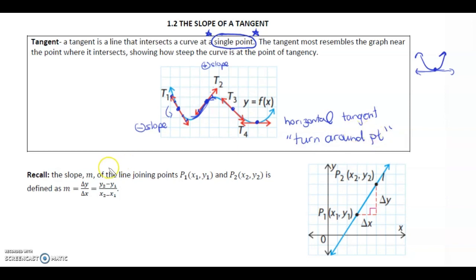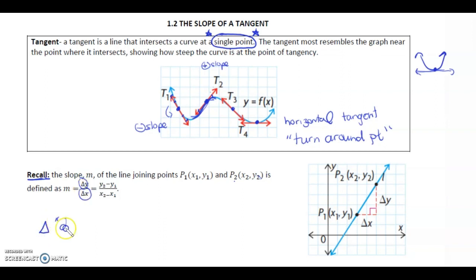Okay, so let's recall the slope m, that's what we use in grade 9, of a line joining 2 points. So let's call P1, point 1, x1 and y1, and then point 2, x2 and y2. Well, the slope is defined as the difference in the y over the difference in the x.